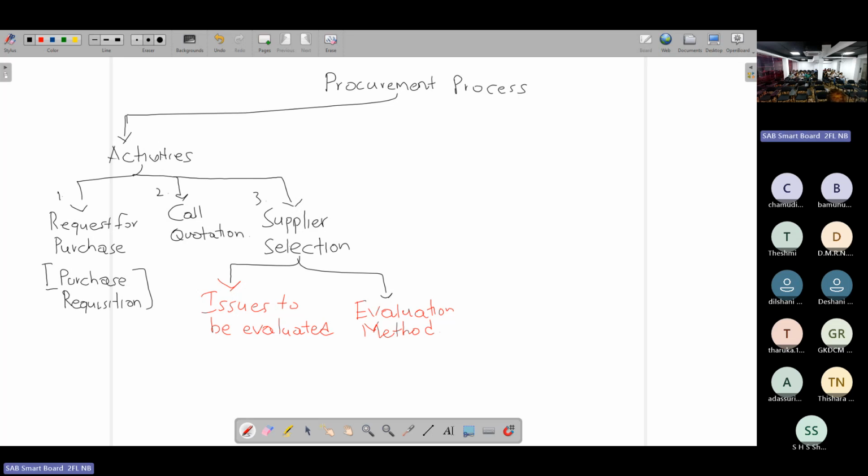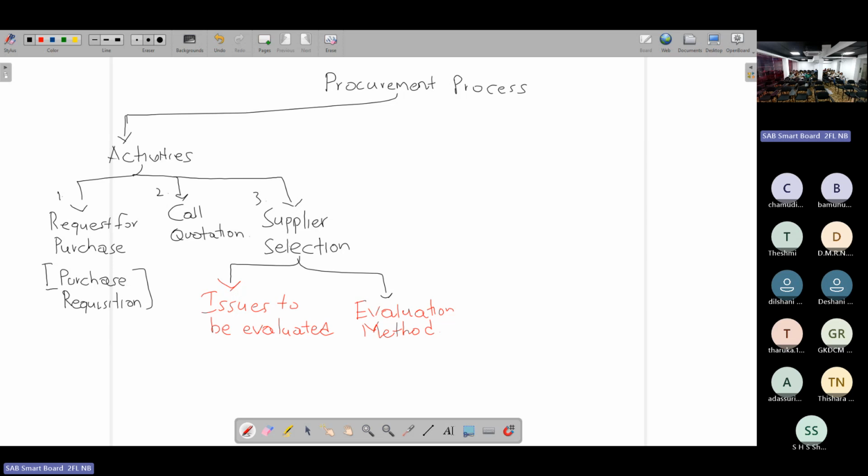Normally, we can select the low price quoted supplier, but certain things we have to recheck. Those other alternative things we are going to discuss today under the supplier selection process, if time permits.